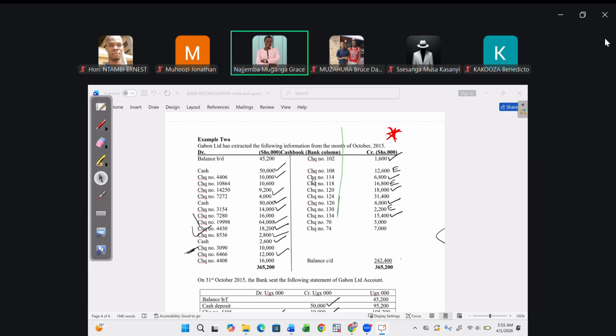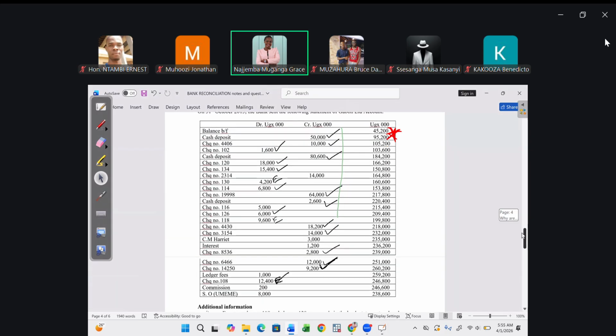The unticked items in the bank, no, this is the cash book, sorry. The bank is here. The unticked items, we have check number 116. What else? We have ledger fees. We have the commission that was paid. And we have this other payment.